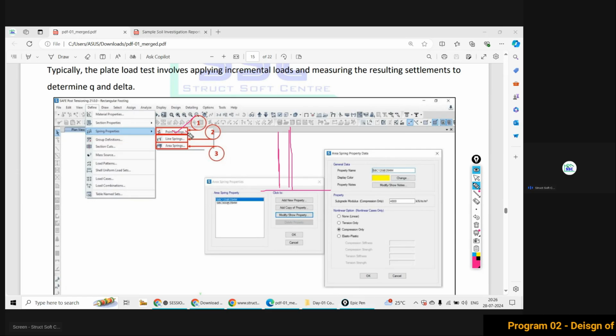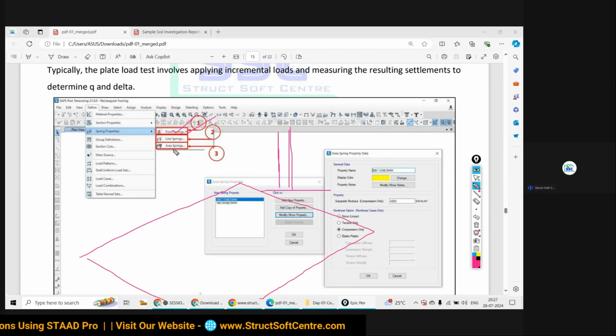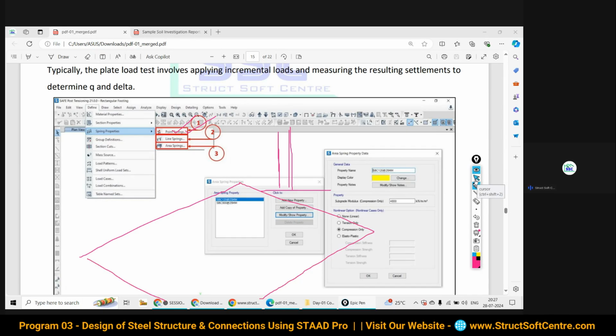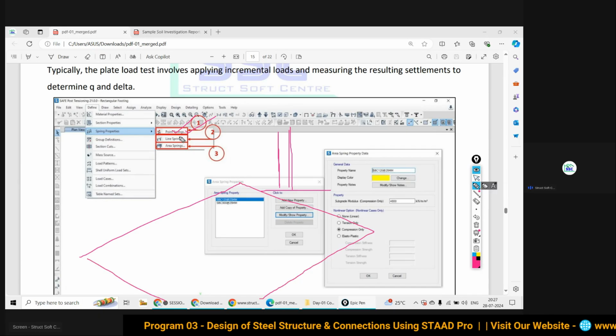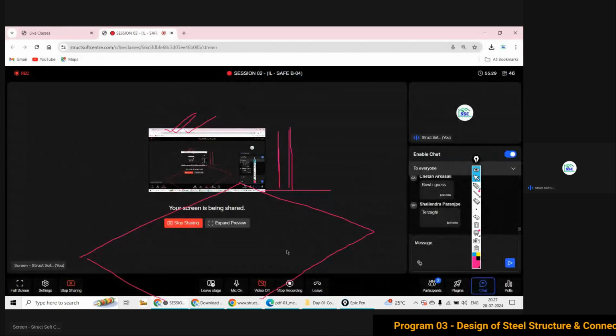If you consider a line element like a beam, you have to consider the line spring. If you apply the load over the soil through an area, it becomes an areal spring or areal stiffness. And here line stiffness, here point stiffness. Is that all clear? Yes or no?